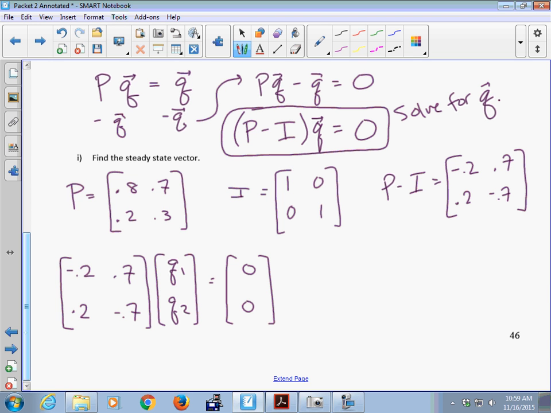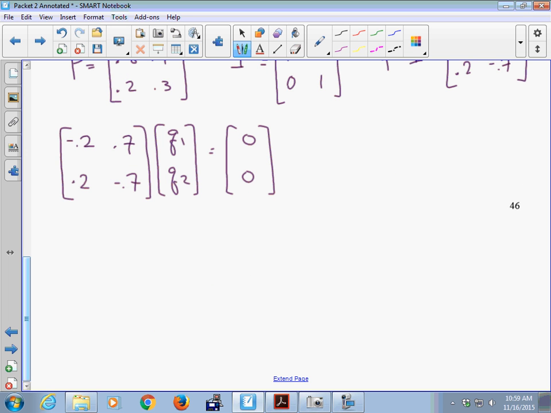Okay, so how do I solve this? Augment the P minus I with 0, 0 and row reduce. It turns out your row reduced matrix is 1, negative 3.5, 0, 0, 0, 0.